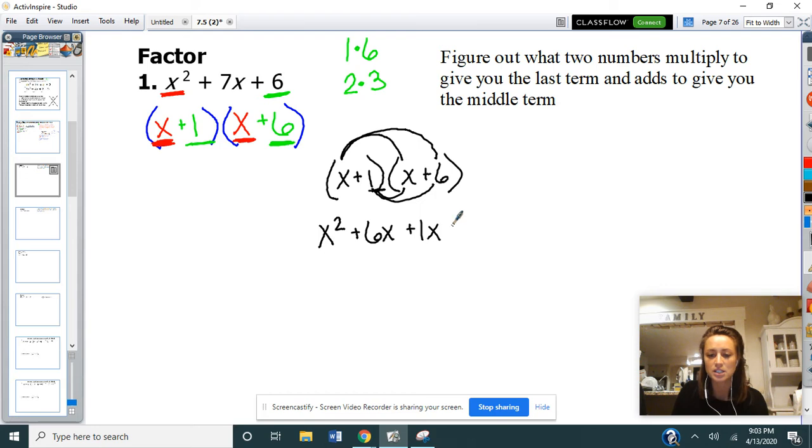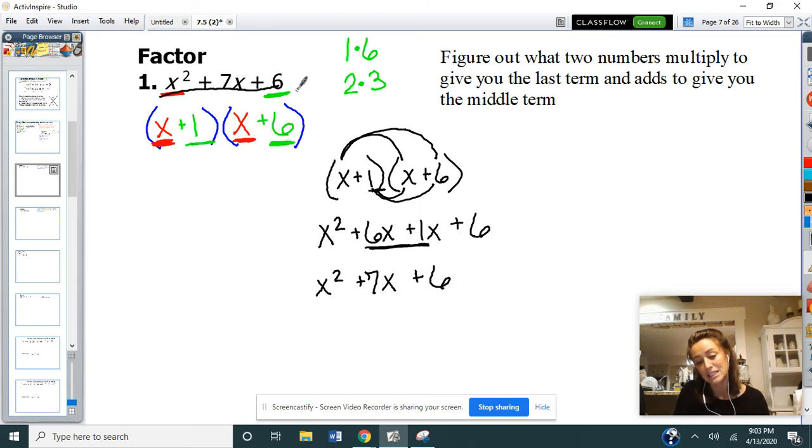And 1 times 6 is 6. Then the last thing you do is you add the middle terms or combine like terms. 6x plus 1x turns into 7x, and you bring down the plus 6. Now, does this match the original problem? Yes. And if it does, then you did it right. So this is factored. Let's try one more.